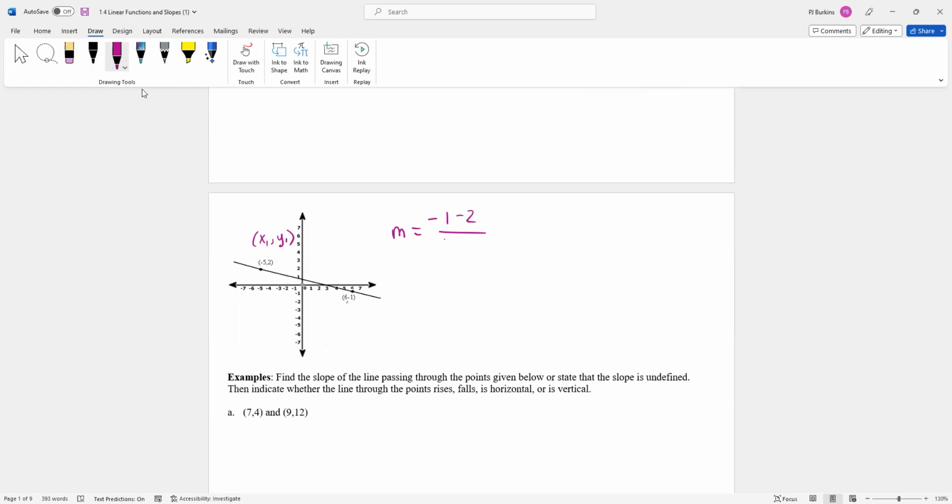Then x2 is 6, and x1 is negative 5, so we subtract negative. So I get negative 1 minus 2, that's minus 3. And on the bottom, I have 6 minus a negative, so that's plus. That makes that 11. And so my slope is negative 3/11. And again, we said we expected that to be negative. So that looks good.